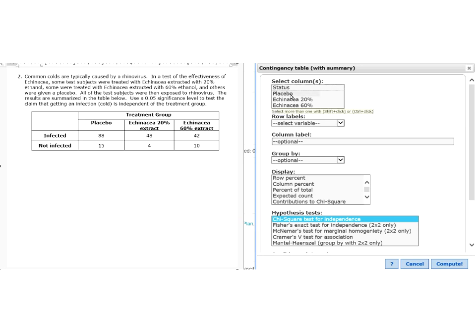Okay, so for this, you need to select all the columns that have the numbers in them. So you have to select all 3 of these. For your row labels, that was in the status column. And then we're doing a chi-square test for independence.